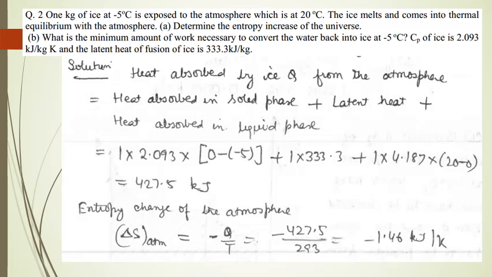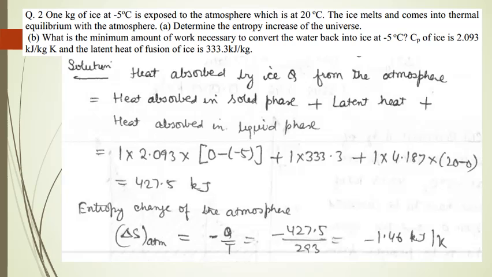Now, the amount of heat absorbed by ice is equal to the heat absorbed when the substance is in solid phase, plus the latent heat of fusion of ice, plus the heat absorbed when the substance is in liquid phase. Heat absorbed in solid phase is equal to 1 into 2.093 into 5, where 5 is the temperature difference, from minus 5 degrees Celsius ice to 0 degrees Celsius ice.